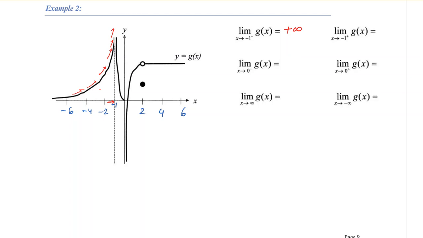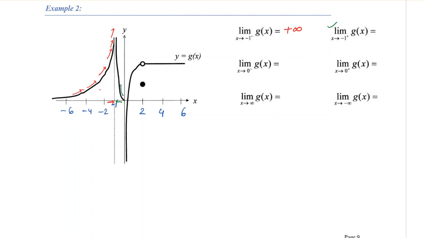All right, next we have the limit as x approaches -1 from the positive side. Now we are looking at this one. In this case, if you approach -1 from the positive side, what happens to the y value?